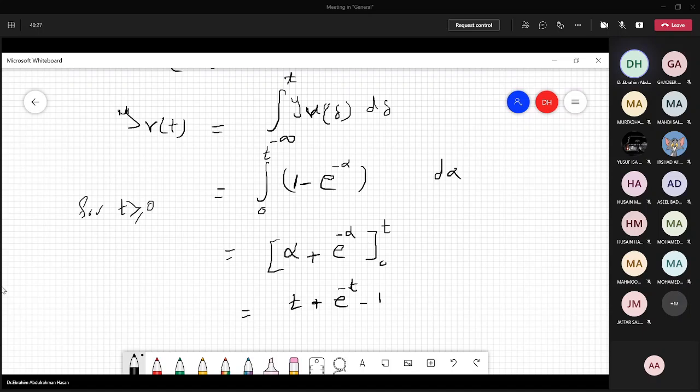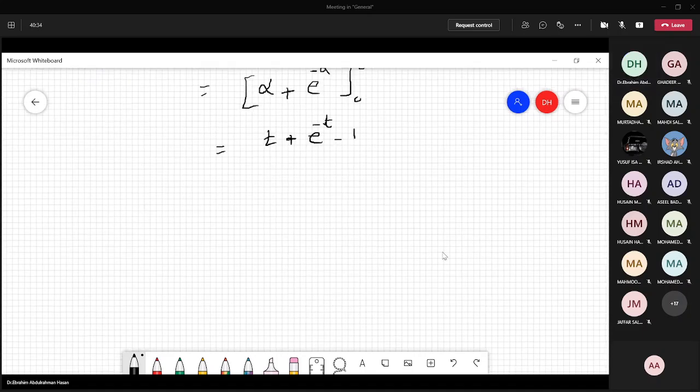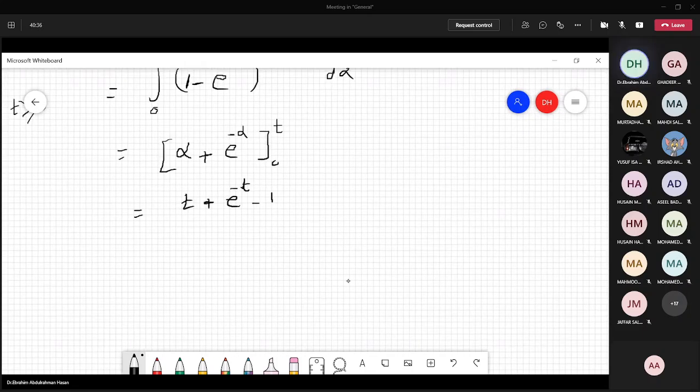So this is for t greater than or equal to 0. So either write it like this, or t plus e to the power of minus t minus 1 multiplied by u of t, same meaning.